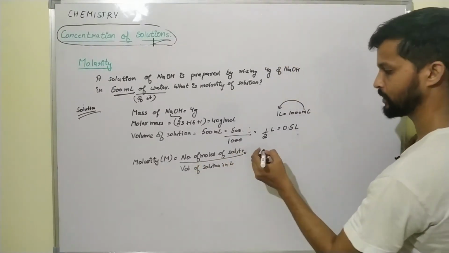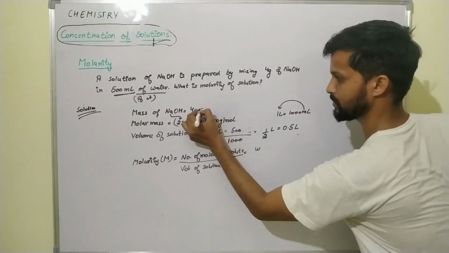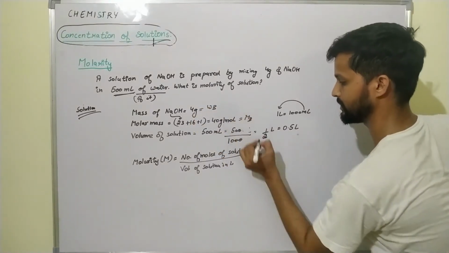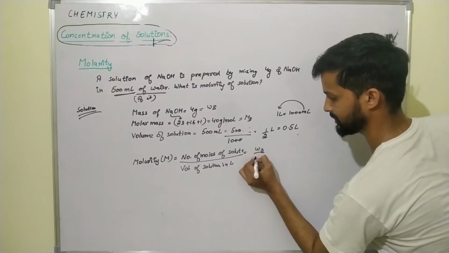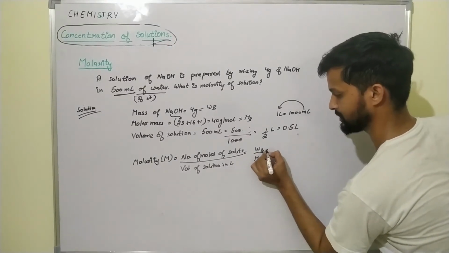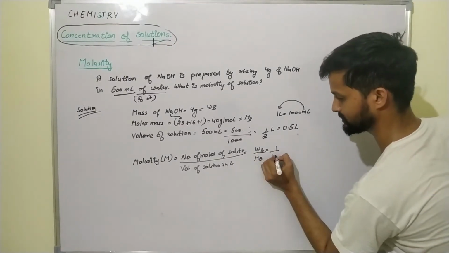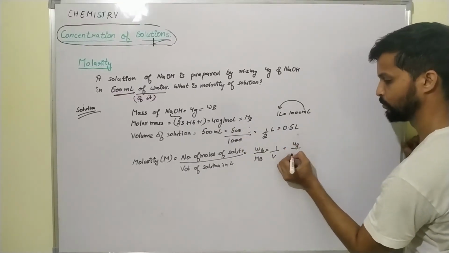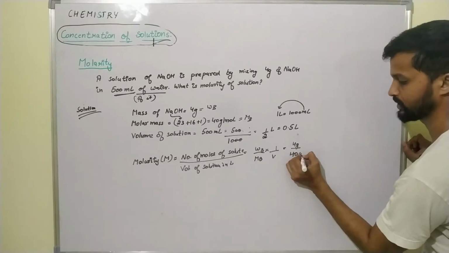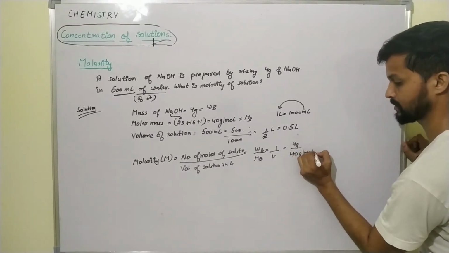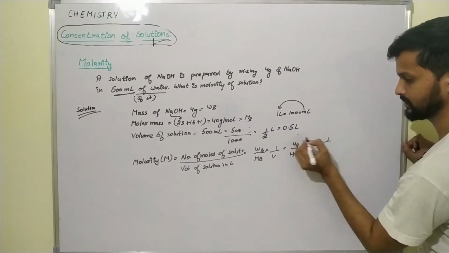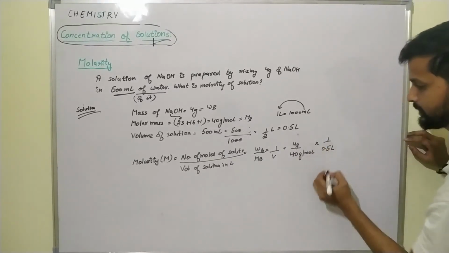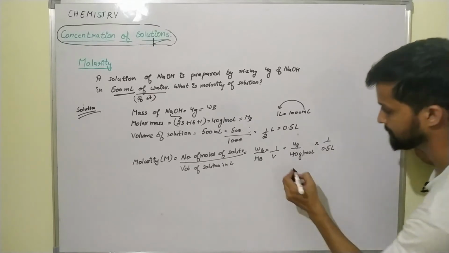So here the number of moles is equal to WB divided by MB, the given mass divided by the molar mass, into the volume V. So what is the given mass? 4 gram. Molar mass 40 gram per mole. And what is the volume? 0.5 liter.